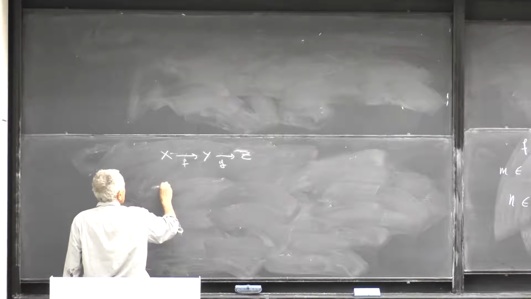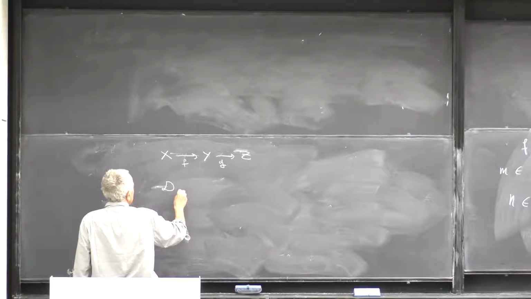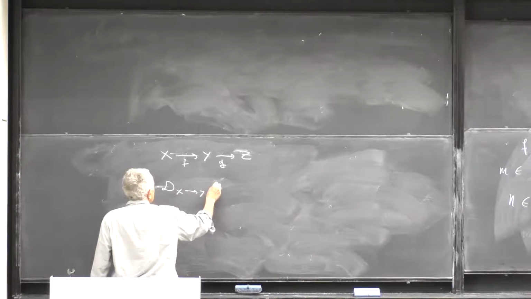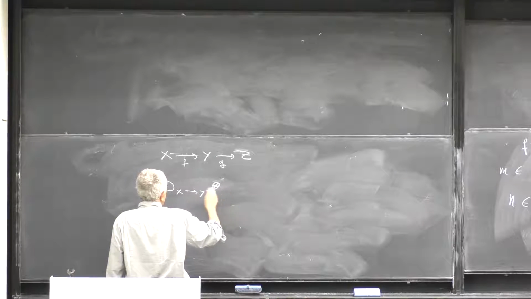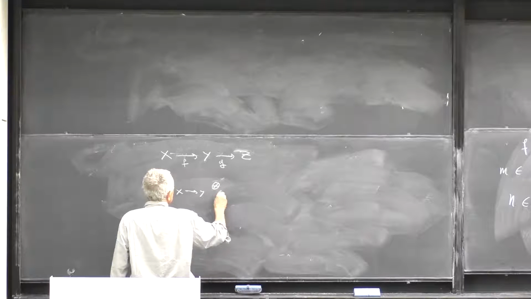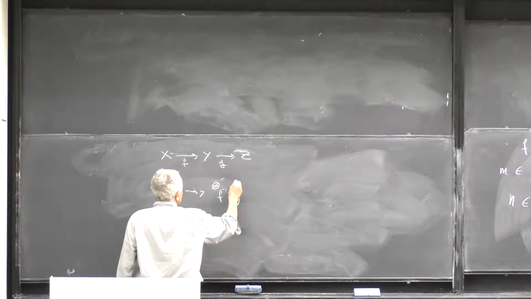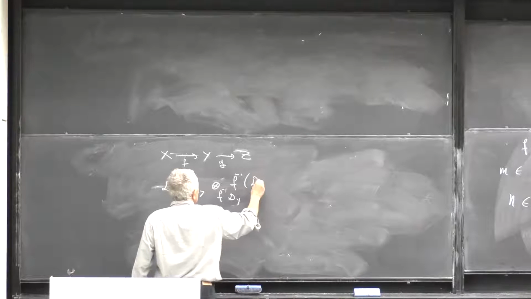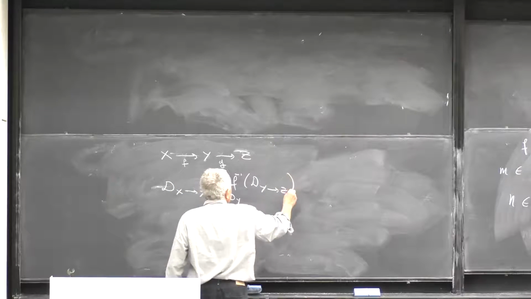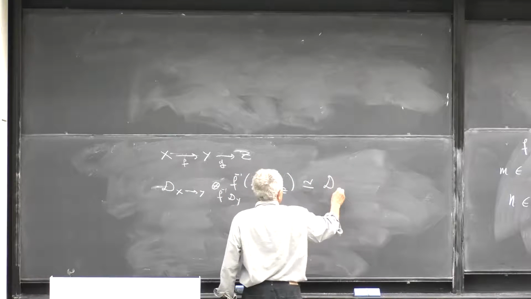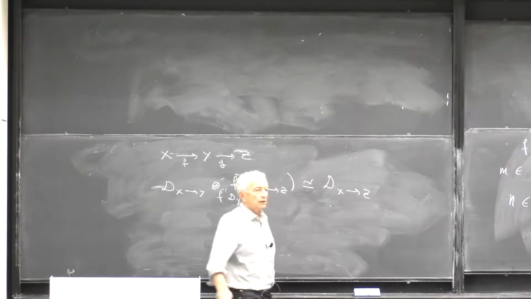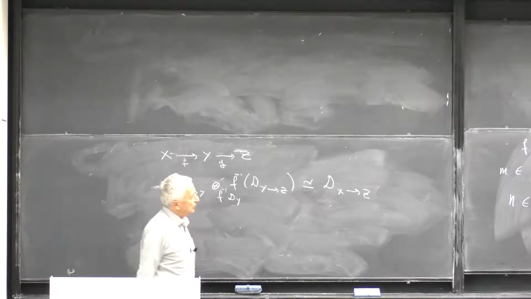Because if you compose D_{X→Y} tensor f^{-1}D_Y, f^{-1}D_{Y→Z}, this is D_{X→Z}. So the operations are functorial.